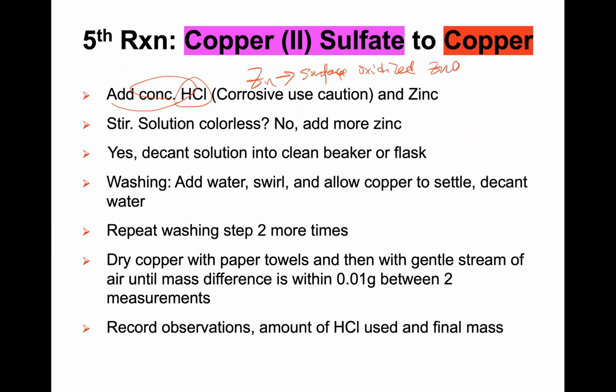So if you simply put the zinc into the copper sulfate solution, there will be no reaction, right? So we need to add hydrochloric acid to remove the layer of zinc oxide and use fresh zinc to reduce. Continue until the solution becomes colorless; if not, you need to add more zinc. Typically 2 to 3 pieces of zinc pellet will be enough.